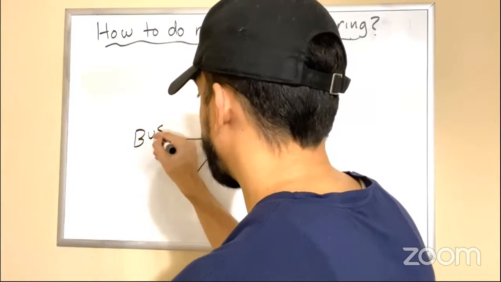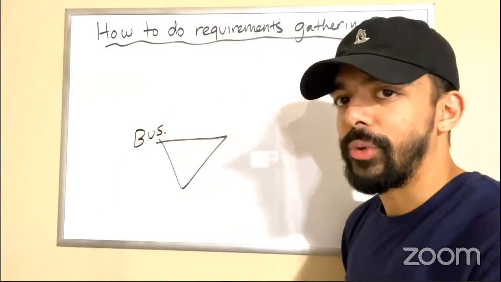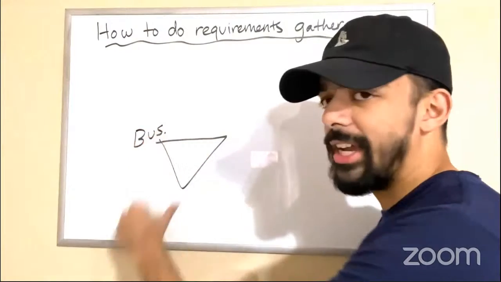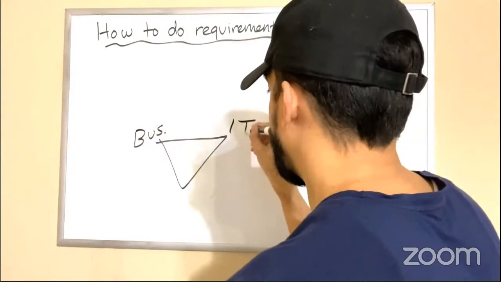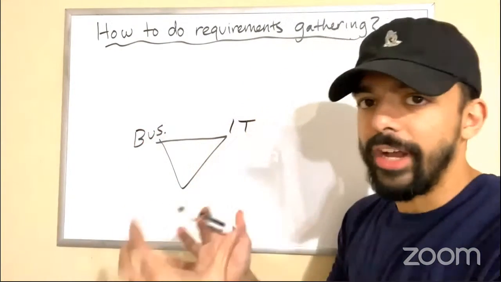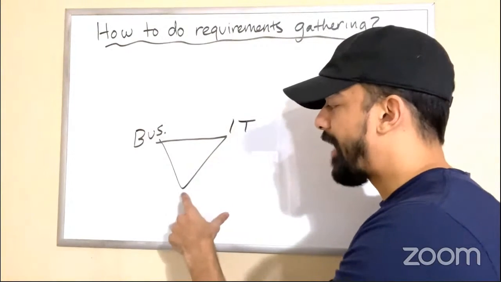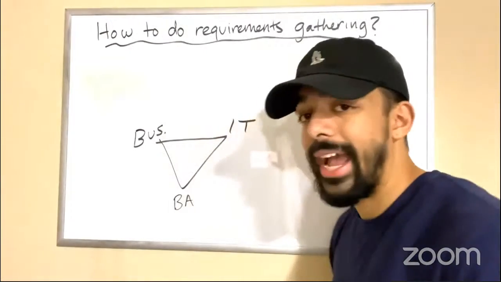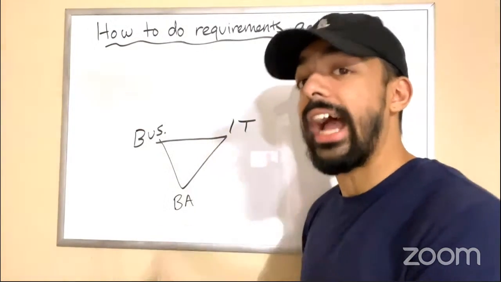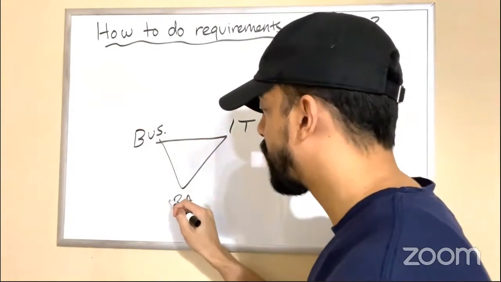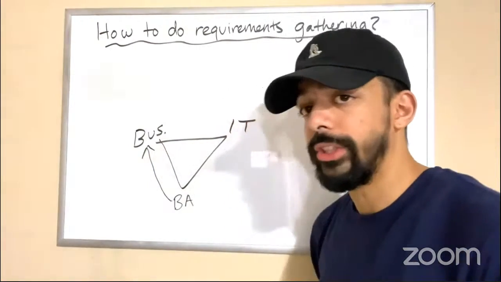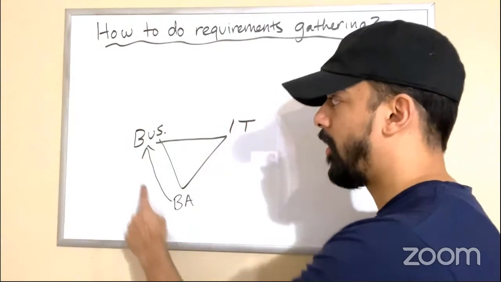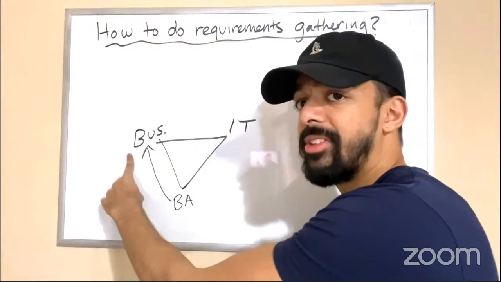I've got the business stakeholders, and I've got the IT developers. You've got the BA in the middle, and they are going to elicit and gather the requirements from the stakeholders. So they're going to go ahead and get those requirements from the stakeholders.